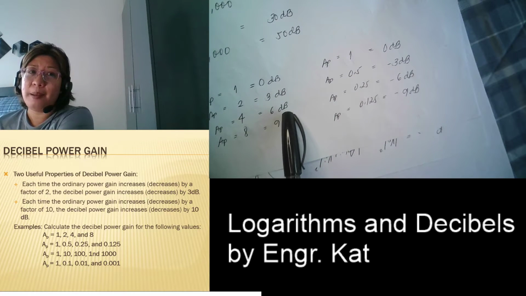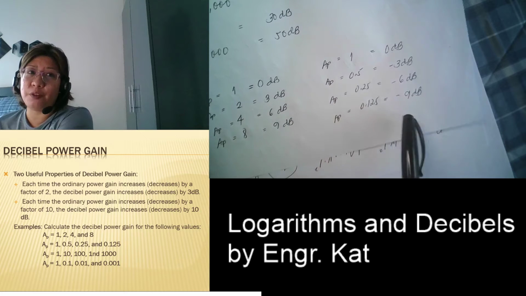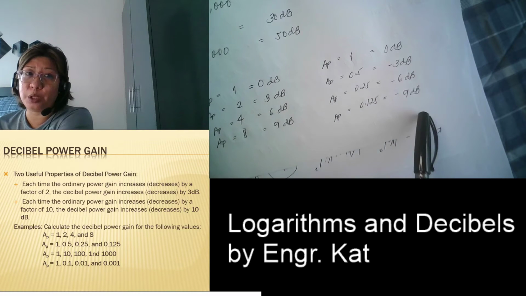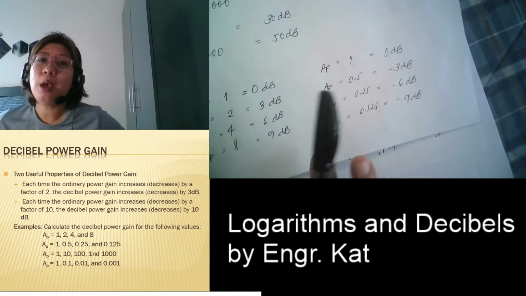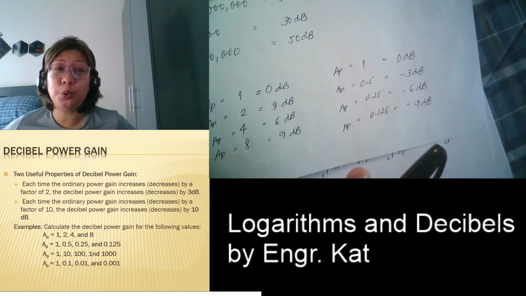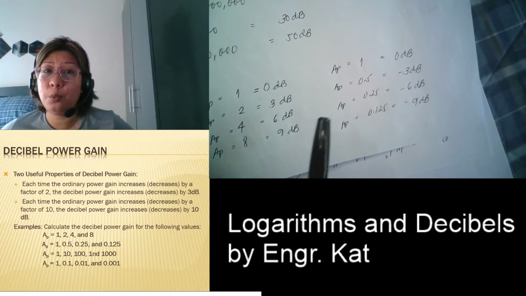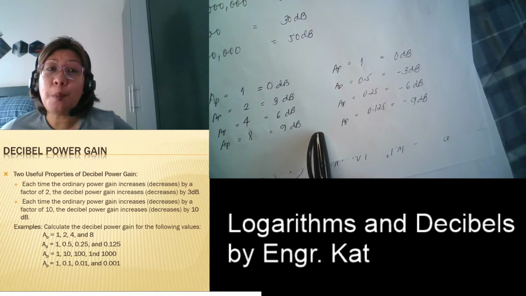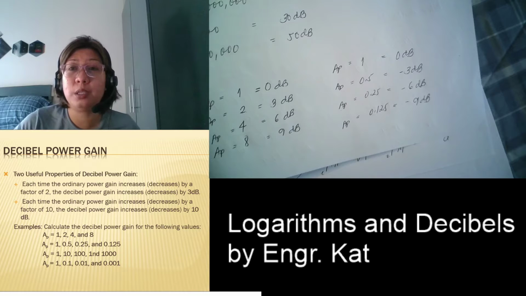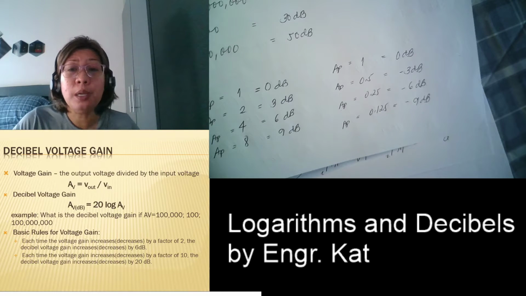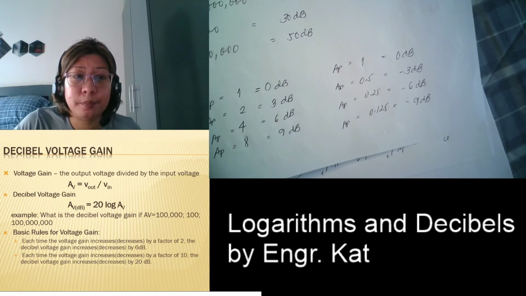It's negative if you don't have a gain. We call that attenuation, or a decrease. Kindly try this so that you can be familiar with doing this type of computation using your calculators.